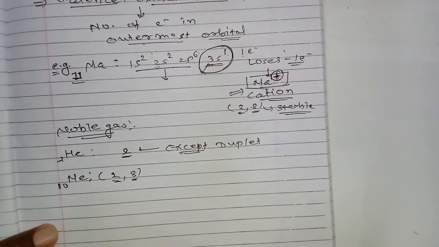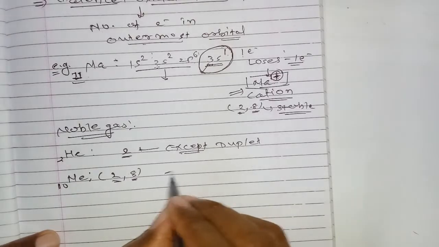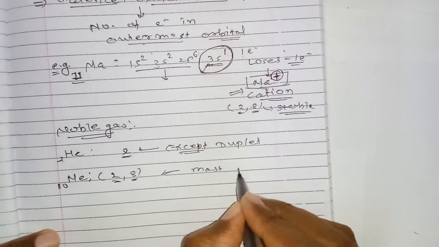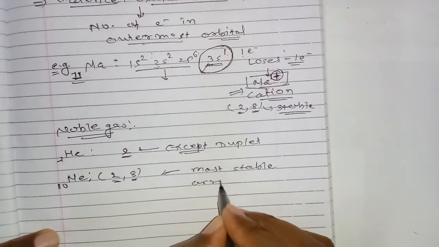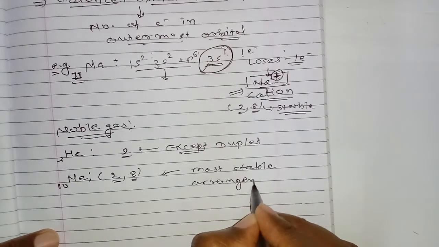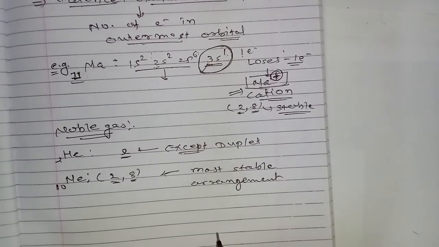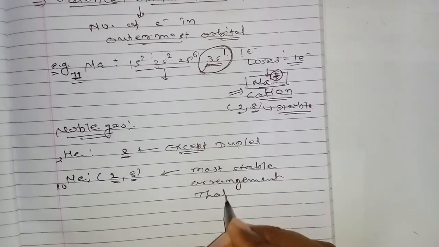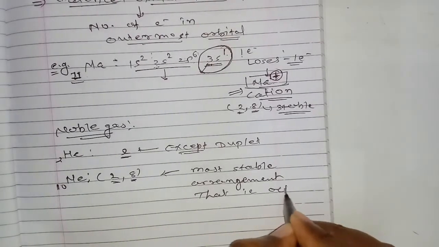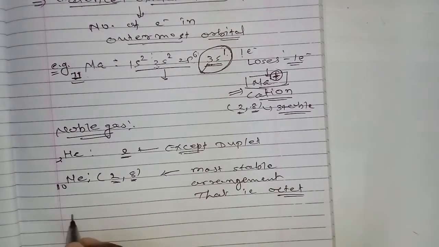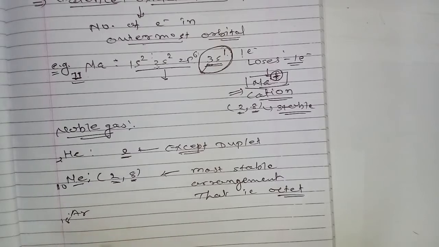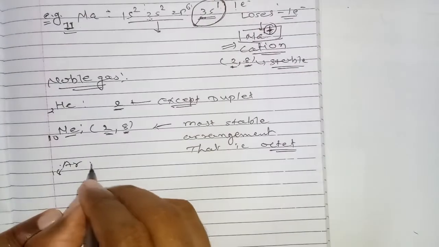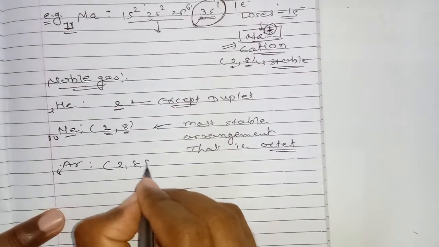Here is the most stable arrangement, and that is the octet. Now after neon, argon, 18, is 2, 8, 8.